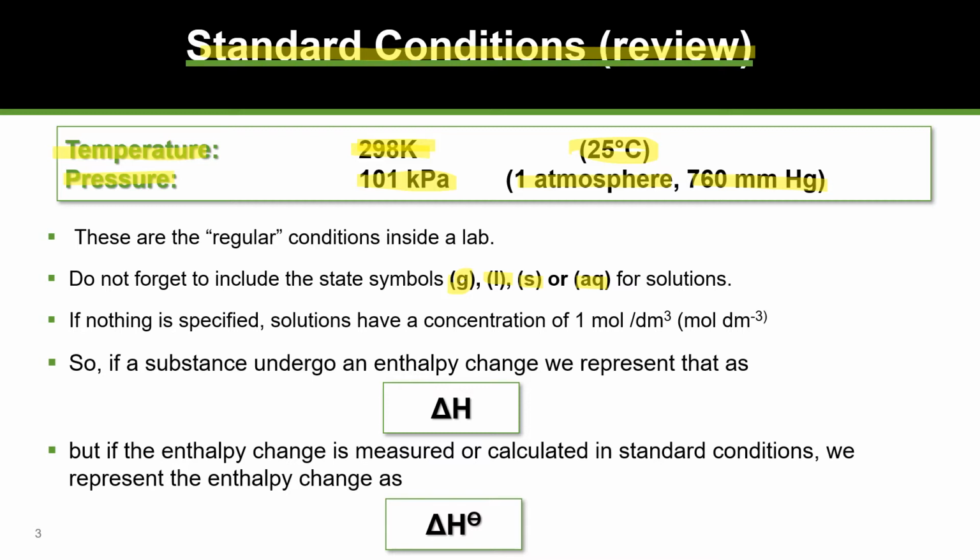The solutions most likely will have a concentration of 1 mole per decimeter cube if nothing is said otherwise. For an enthalpy change in general, we use the delta H, which is the sign for enthalpy. And if there is a theta in the sign, that means that it is in standard conditions of temperature and pressure.